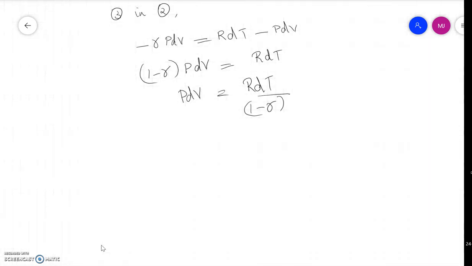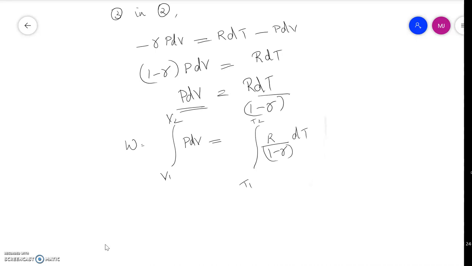We know that P dV is actually d cross W, or we can write W as integral V1 to V2 P dV, that is equal to integral T1 to T2 R by 1 minus gamma dT.